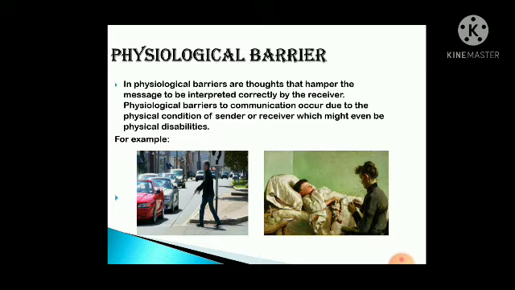They occur due to the physical condition of a sender or receiver, which might even be physical disabilities. For example, when a person cannot see properly, their message is unclear and misses many descriptions. Also, the sender cannot predict the mood of the receiver or the body language. So the communication is totally ineffective.